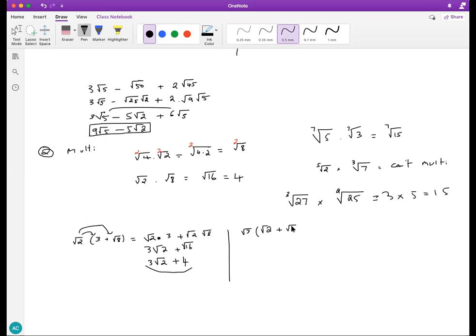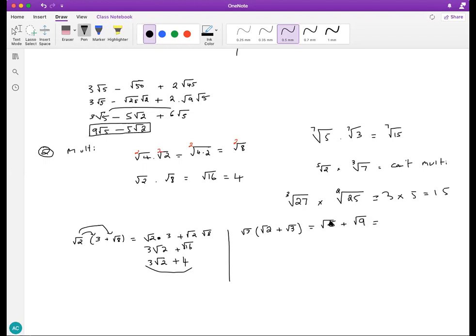Let's say 3. So again, we distribute. So radical 2, what is radical 2 times radical 3? Radical 2 times radical 3 is radical 6. Plus radical 3 times radical 3, that's radical 9.